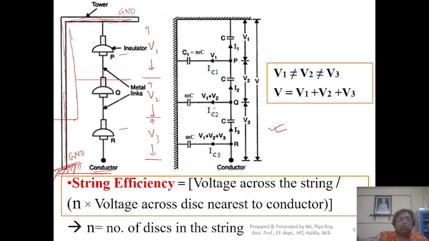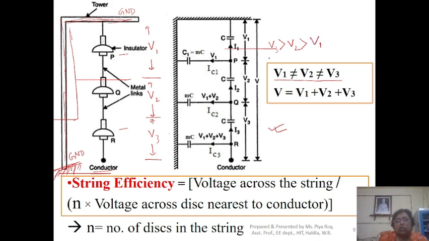Ideally this should be the same, but practically these are different. So it is mentioned here that V1 is not equal to V2 is not equal to V3, and we have discussed the reason in the previous lecture. Actually, for this case V3 is greater than V2, and that is greater than V1.